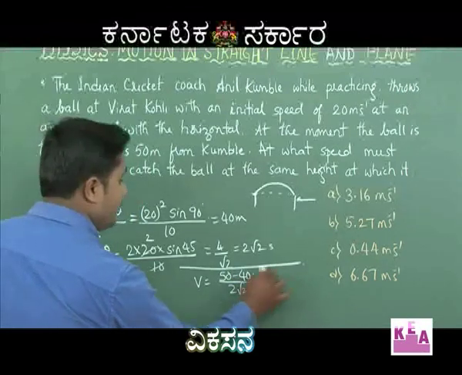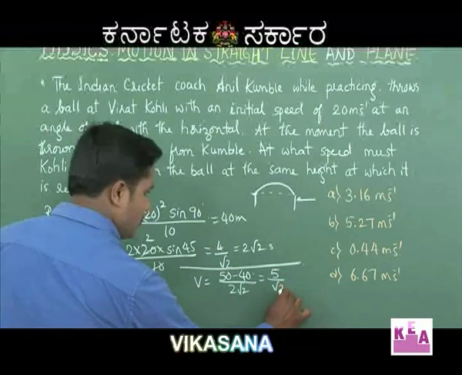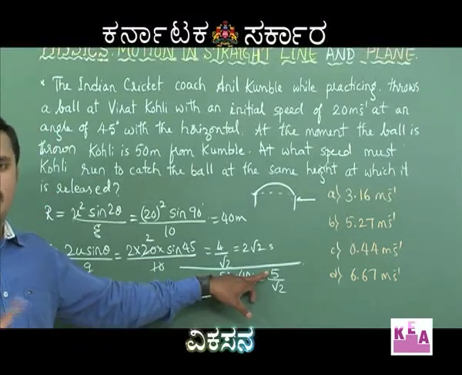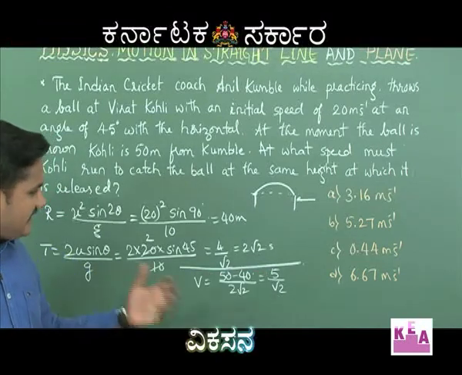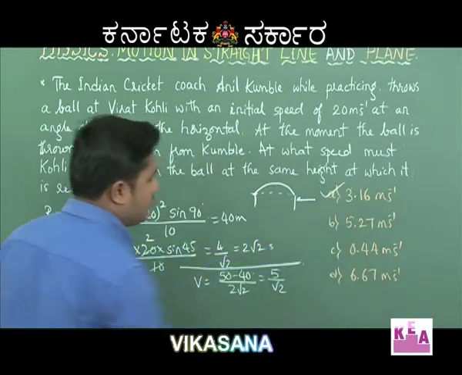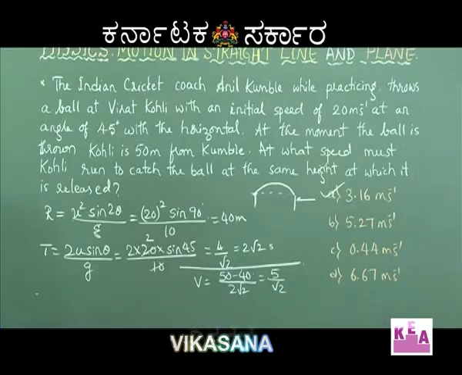It is 10 by 2 root 2, which is 5 by root 2 meter per second, approximately 5 by 1.5, slightly greater than 3. Do I have anything? Yes, I have option A, which is 3.16, very close to 5 by root 2. So that is the speed of Kohli.